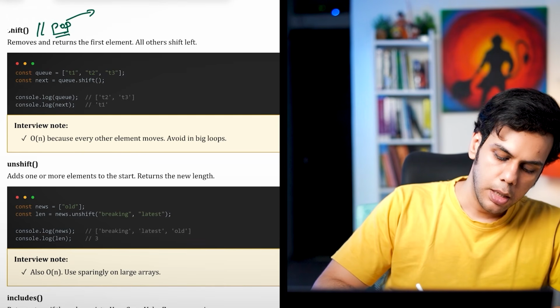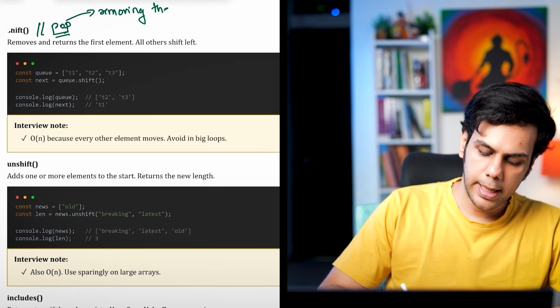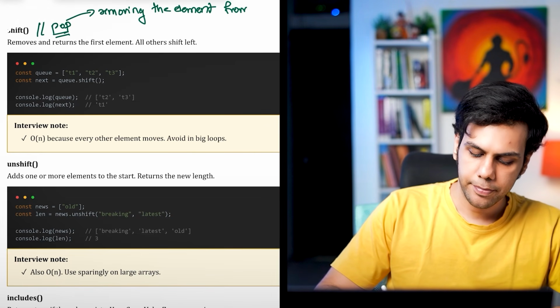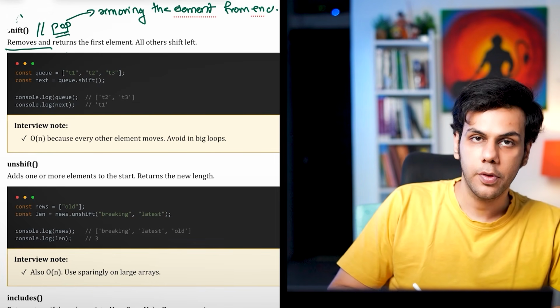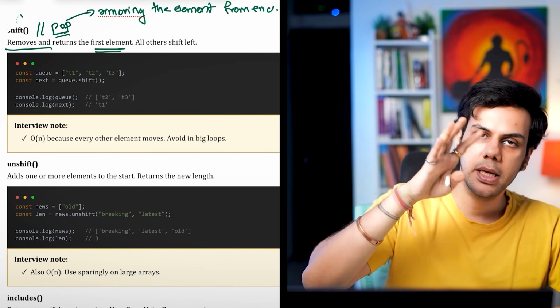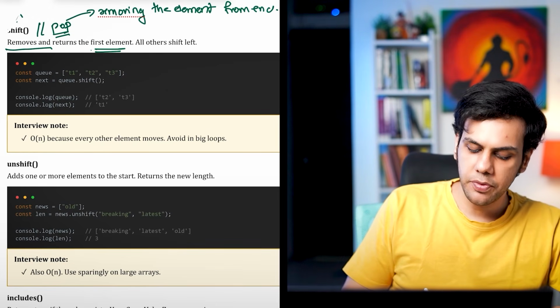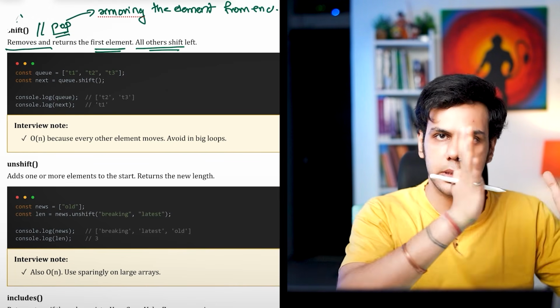Pop was removing the element from the end. Shift is going to remove the element from the start. You're going to get the first element. So it not only removes but also returns the first element, and the other elements are shifted towards the left.